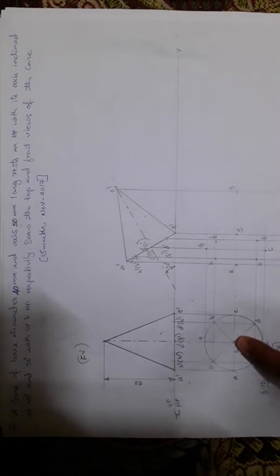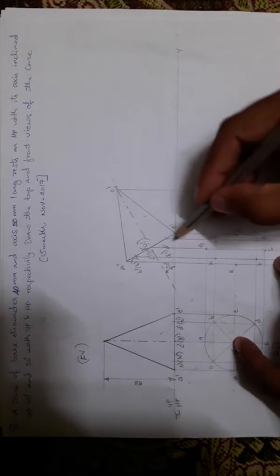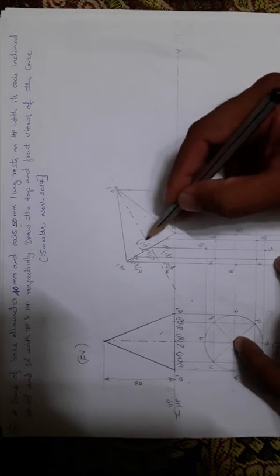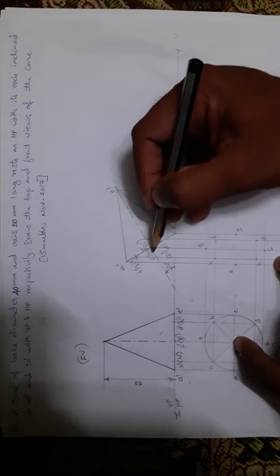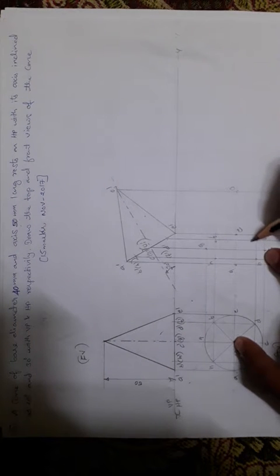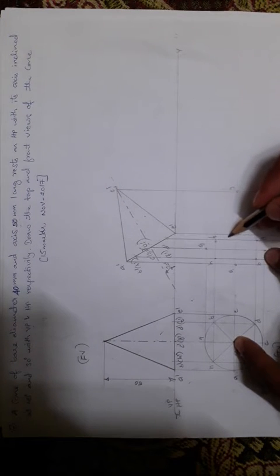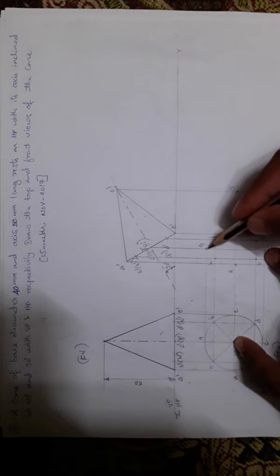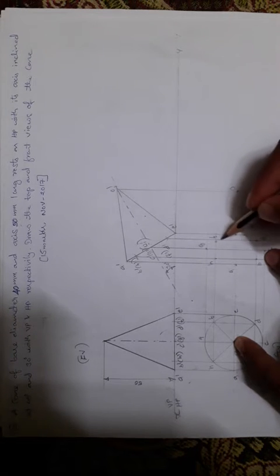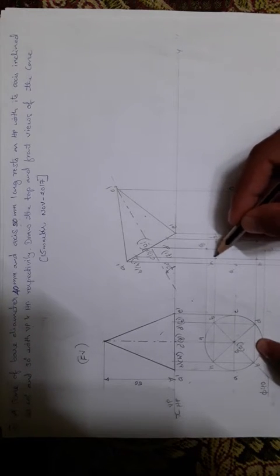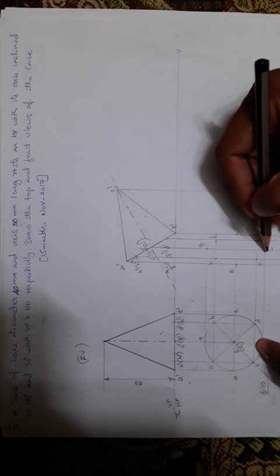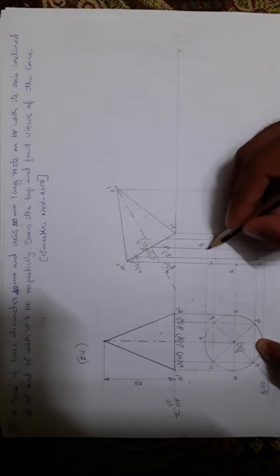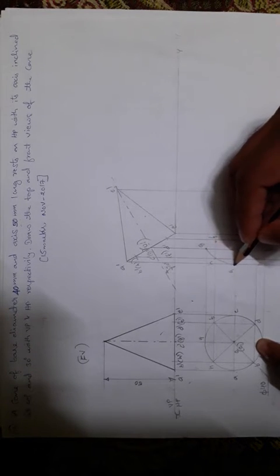Okay, so in the top view, the bottom half of the cone surface is invisible and the remaining half of the cone base is visible. That means C to G, this curve, is an invisible curve, so it should be drawn in dotted line. And similarly from this side G to A through the A point, this curve is a visible line. So we can draw the curve like this.